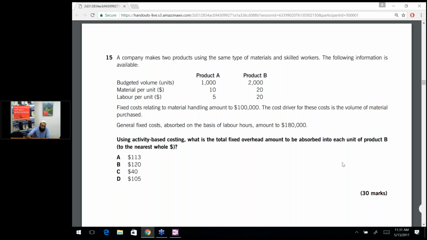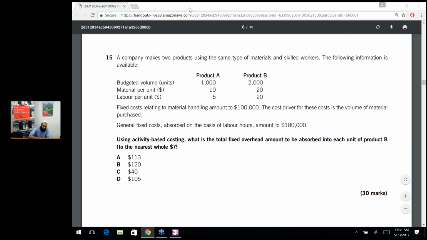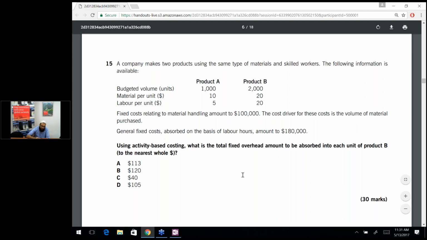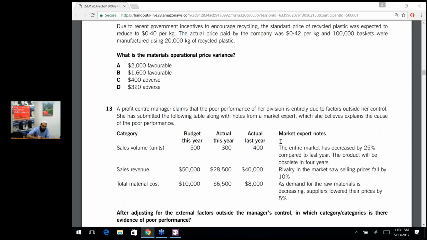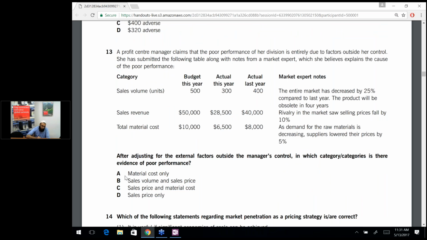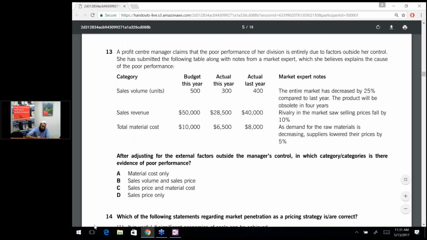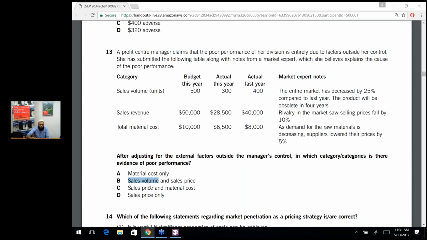And why I didn't work out sales volume is because, let me repeat it again because I don't know what the sound problem is at your end. First, I worked out material cost and I found out that material performance was poor. So if you look at the options, the material performance options are A and C. There is no B or D. In B there is no material cost, and the answer being material cost is quite clear because there was poor performance.